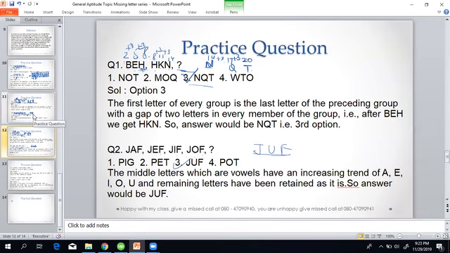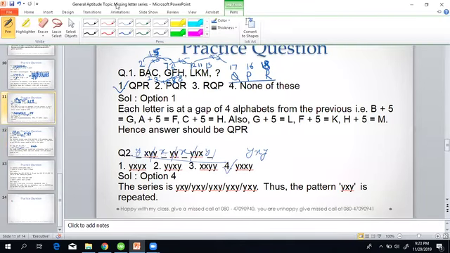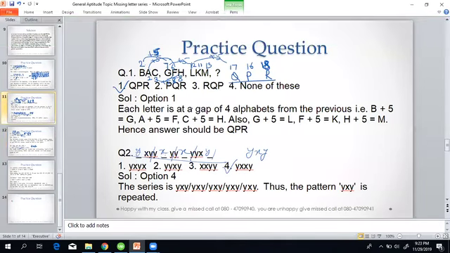Okay, one of the students wants me to explain the previous question, the second question of this slide. In this, we have to find which option fits in the blanks to make a particular pattern.